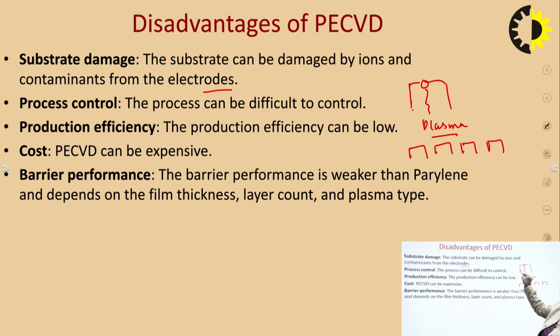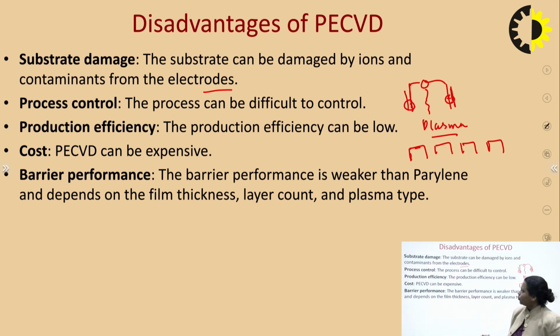If these electrodes get damaged, then the whole system will error out, and we will not get any plasma, and that is why there is no deposition. So in the disadvantages we can write substrate damage: the substrate can be damaged by ions and contamination from the electrodes. When these electrodes are not working properly, they contaminate our wafers, and the whole process will be ruined, right?